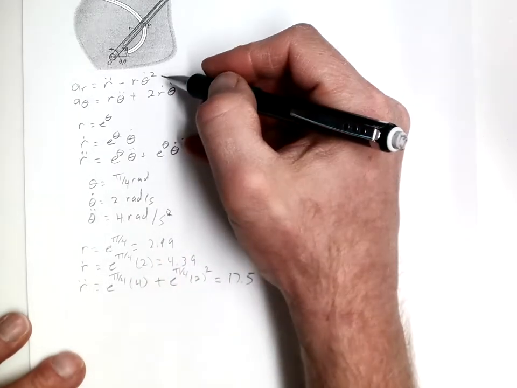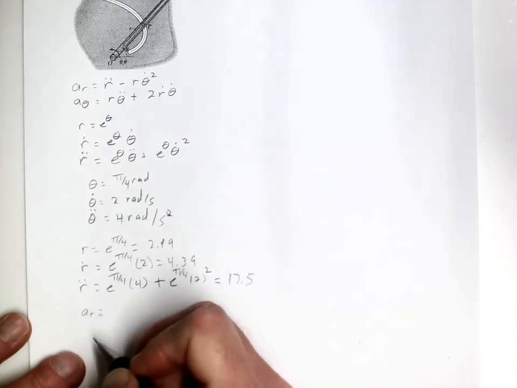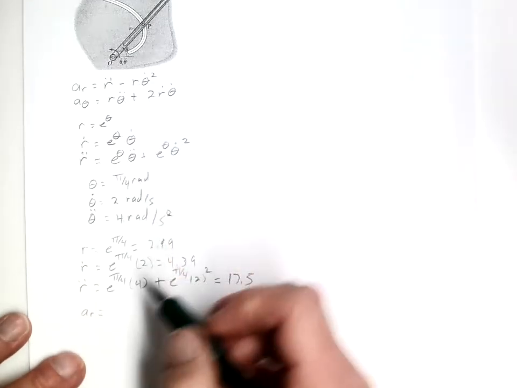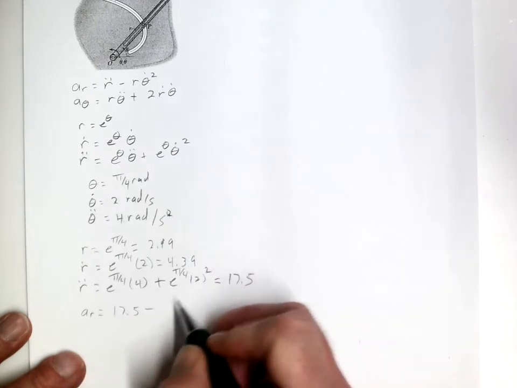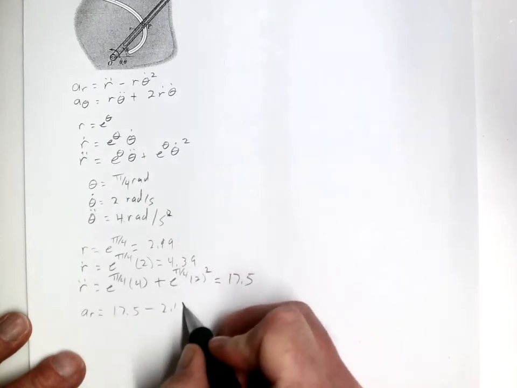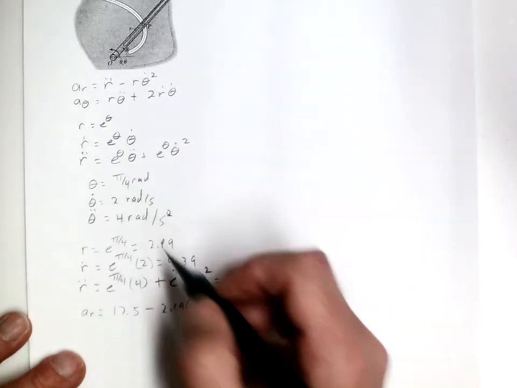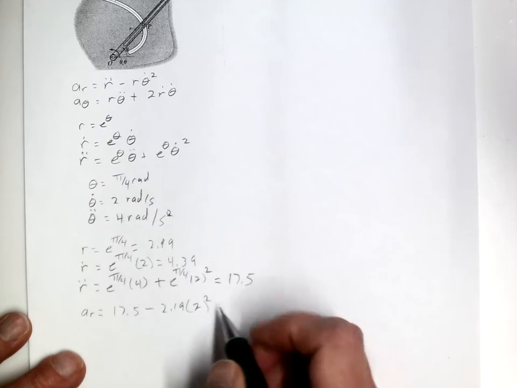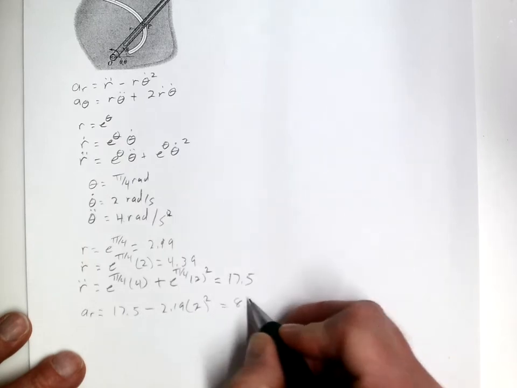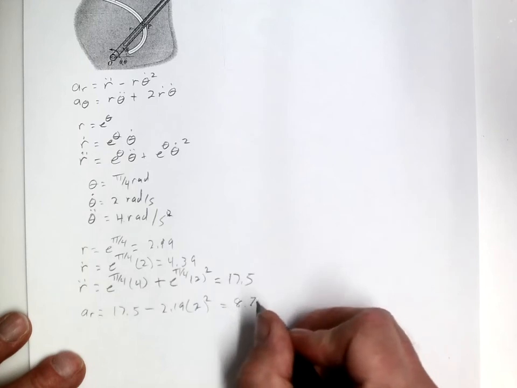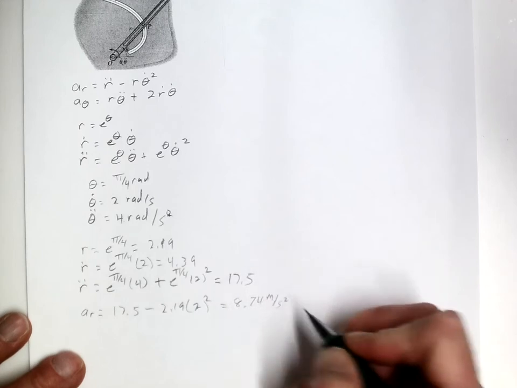So putting these into the previous equations, a_r is equal to r double dot, 17.5, minus r, 2.19, times θ dot squared, 2 squared, which is equal to 8.74 meters per second squared.